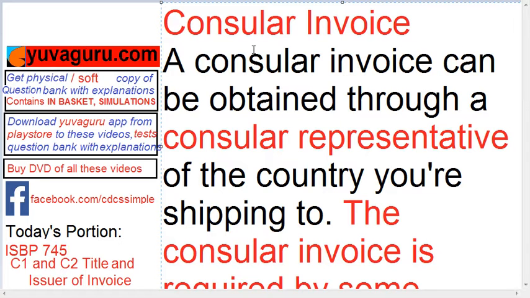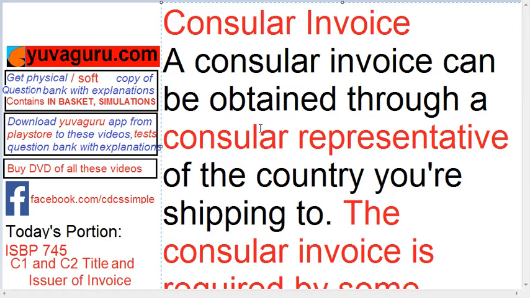A consular invoice can be obtained through a consular representative of the country you are shipping to. It means, suppose I am shipping to Brazil, then there would be a consular representative of Brazil in my country. I'll show him all the documents which I have done, which I have shipped, and then he will issue a consular invoice in which my name will be there and also the applicant's name.